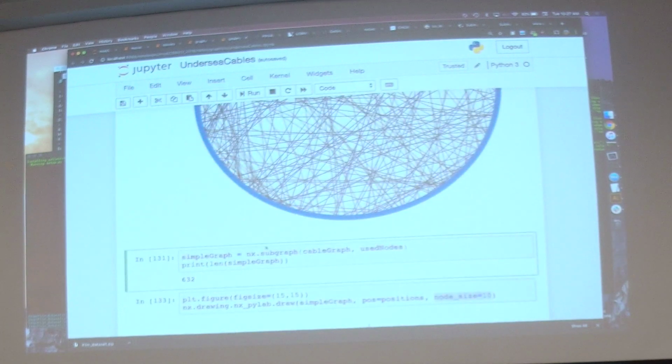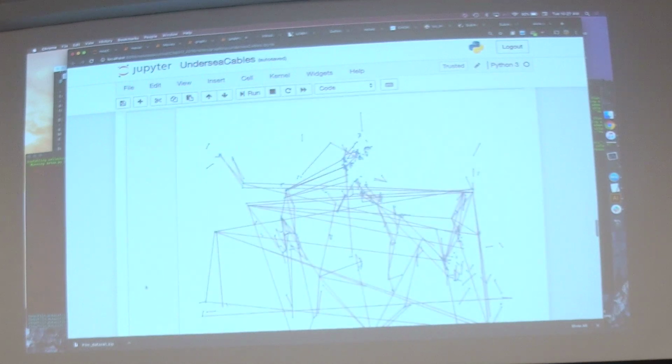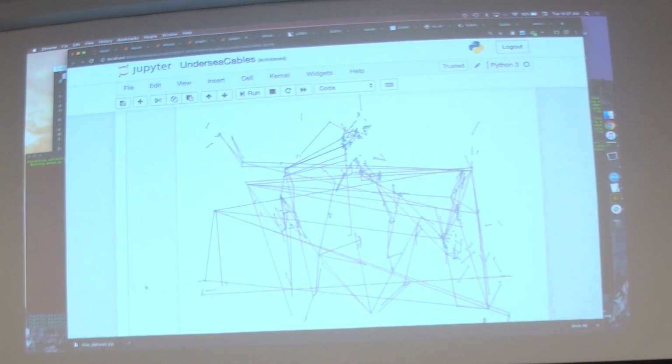So what I did was I just grabbed the subgraph. So this is all the nodes and edges, but I only included the nodes that were actually connected. So I threw away all of the nodes that weren't connected. And so now if I draw it, there's no more lonely nodes, but there's a whole bunch of disconnected components because I probably didn't include the cable information that would have connected them.